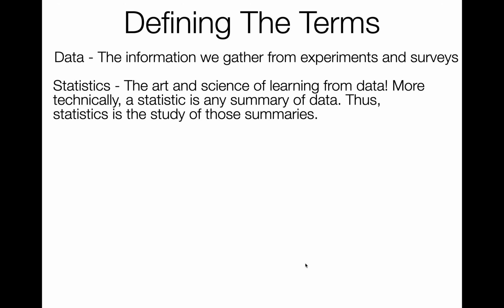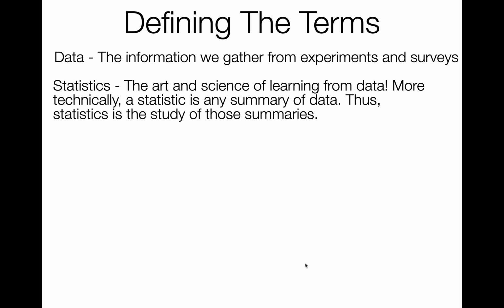And then, of course, statistics. So what is statistics in general? Well, the book defines it as the art and science of learning from data, which sounds very exciting. More technically, a statistic, not the field of statistics, but a statistic, is any summary of data.